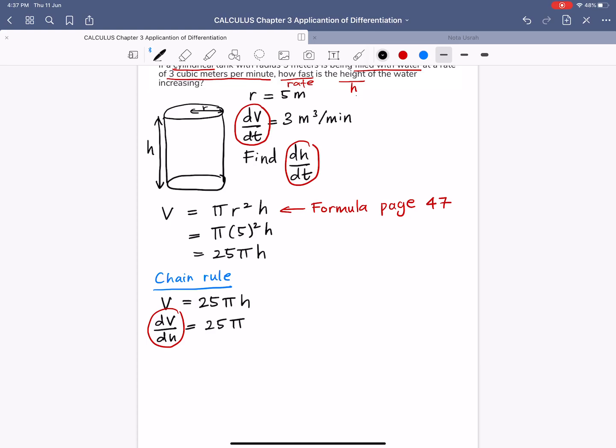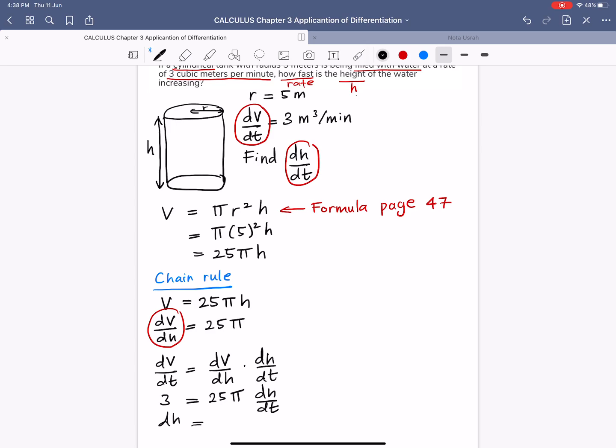And here we have dV dt equals dV dh times dh dt, where dV dh is 25 pi, dV dt is 3, and dh dt is the value that we want to find.